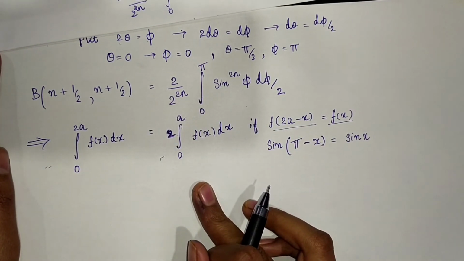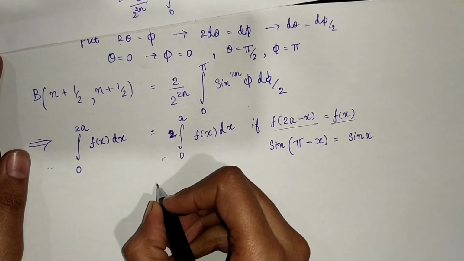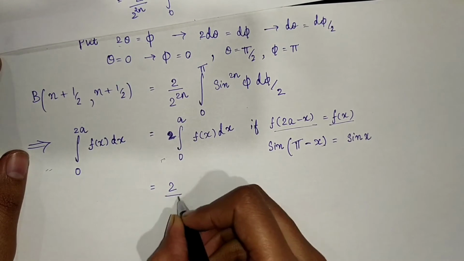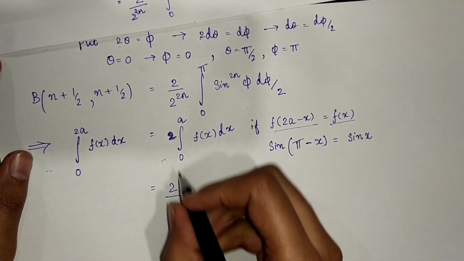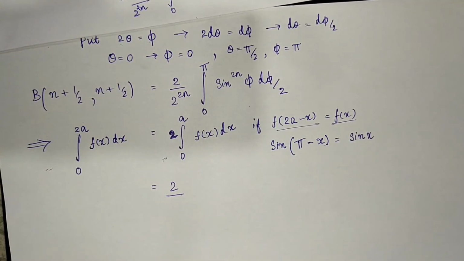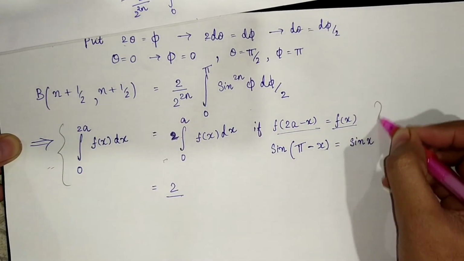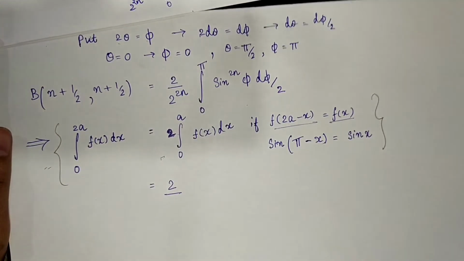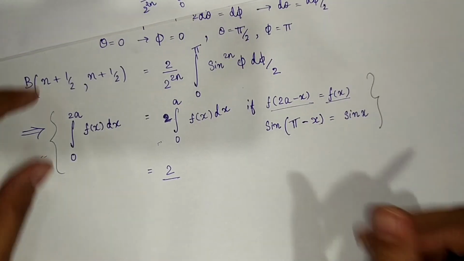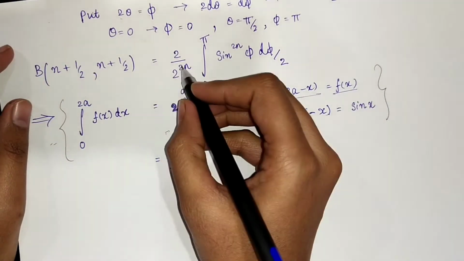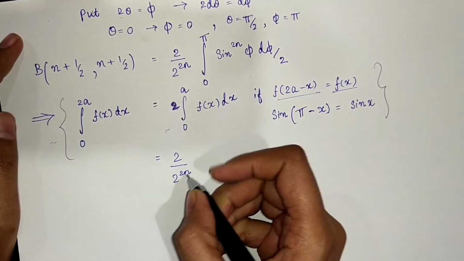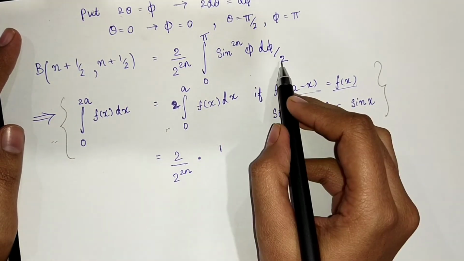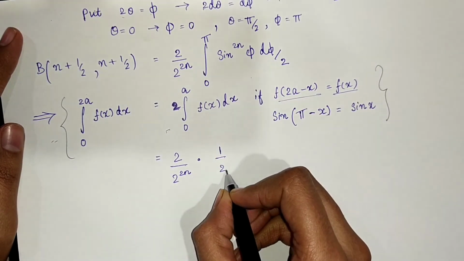So we can write it as 2 divided by... so this is the rule. Now we will continue. This term will remain as it is, that is 2 raised to 2n, and we are taking this 2 outside, so 1 by 2.